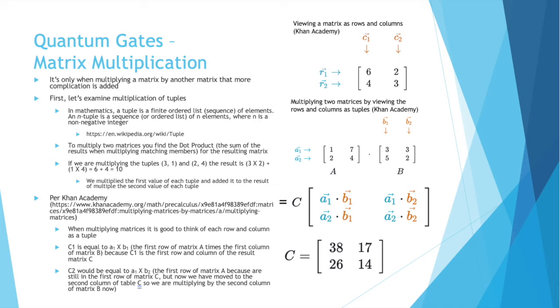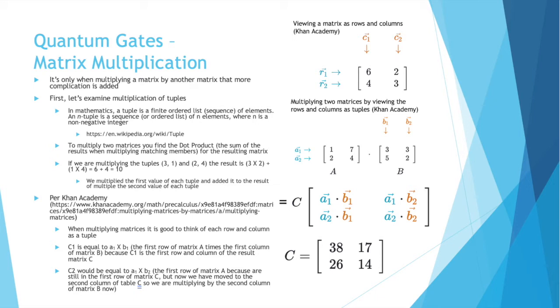In matrix B, the tuples are each column, so that the top left value in matrix C is row A1 times column B1. So you multiply those two tuples together, 1 and 7 times 3 and 5. So 1 times 3 is 3, plus 7 times 5, which is 35. So 3 plus 35 is 38.